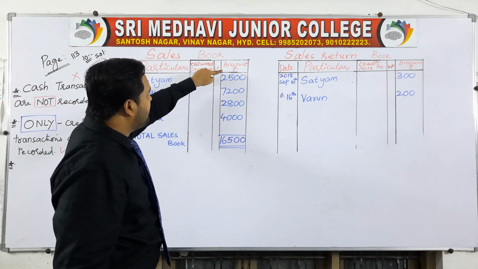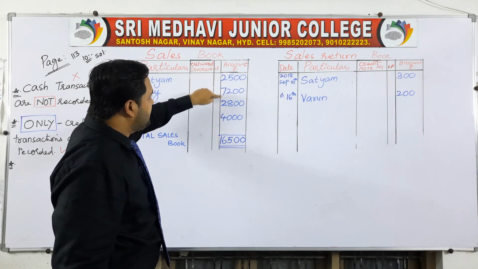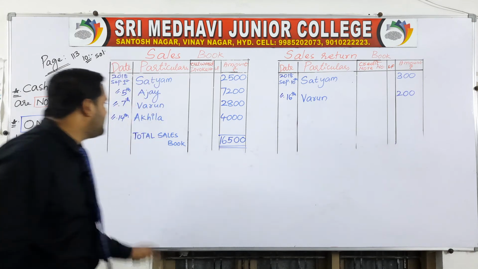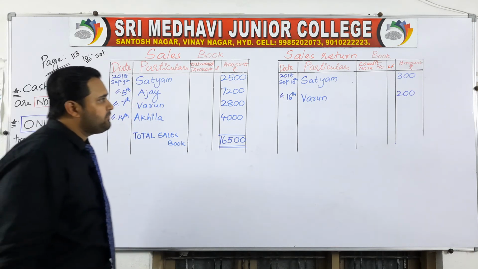Carry 1, 1 plus 2, 3, 7, 10, 10, 11, 12, 12 plus 4, 16. 16,500 is the total sales book.